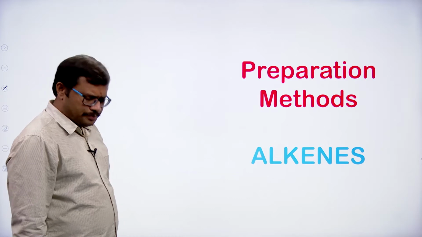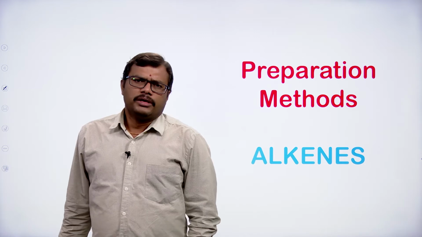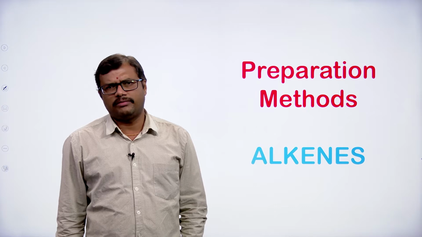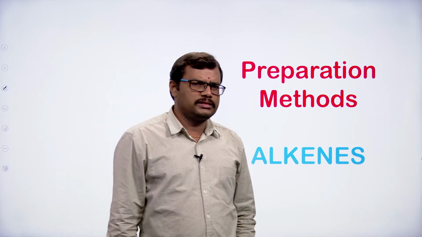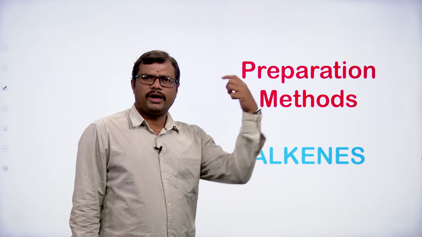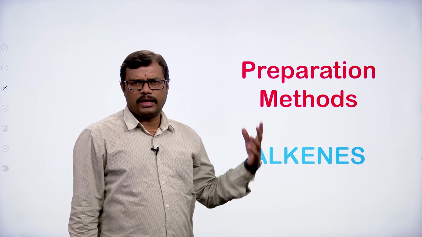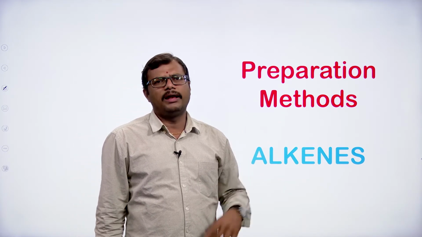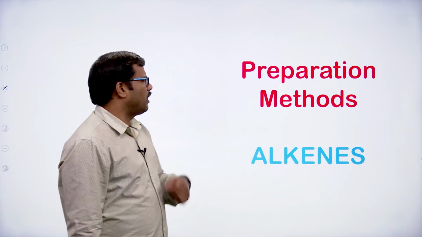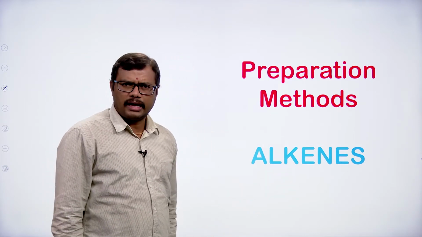Let us move on to our main topic, that is the preparation methods of alkenes. Alkenes are to be prepared in the laboratory, since these are hydrocarbons having unsaturation, and they have many applications. In the formation of polythene, we require alkenes. For polymer preparation, we require alkenes as major starting materials.